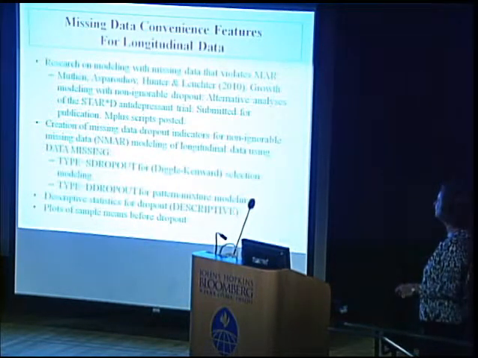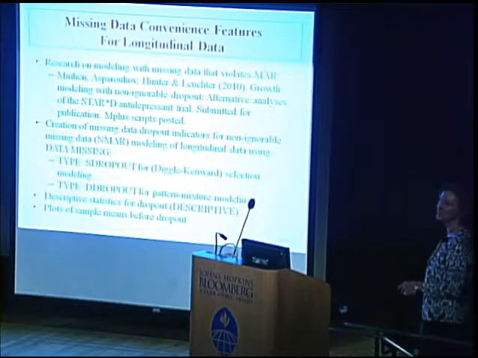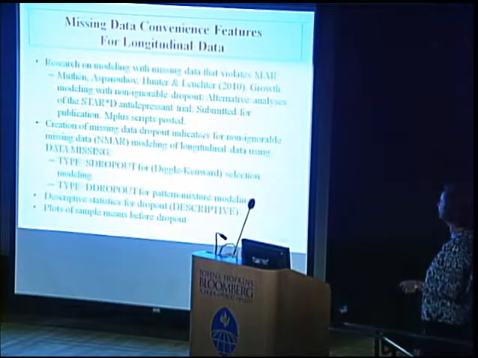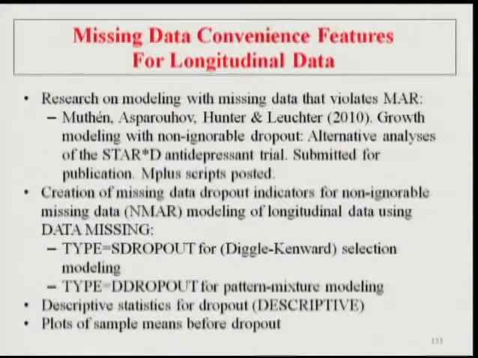So what DATA MISSING does is it creates missing data dropout indicators for non-ignorable missing data modeling of longitudinal data. So you have TYPE equals S dropout, which is like a survival dropout dummy set, and that's used for the Diggle-Kenward selection modeling.